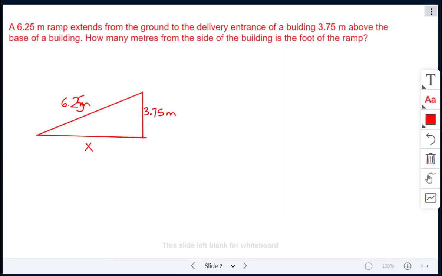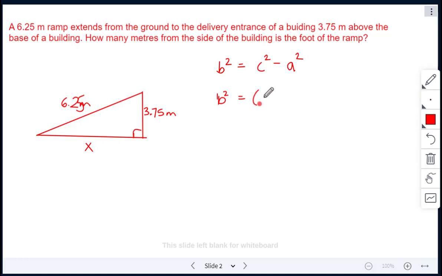All right, so we're solving for this side here of the triangle. We know the hypotenuse, and we know one of the legs of this triangle. So we have to solve for the second leg. It's the base. So b squared is equal to c squared minus a squared.